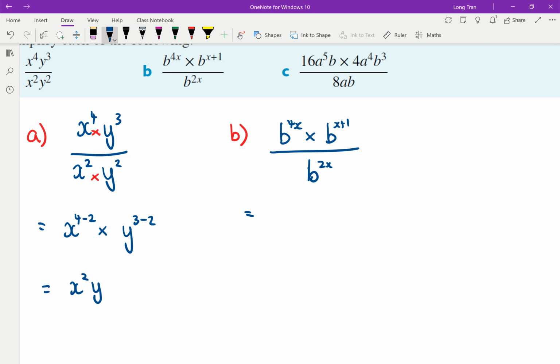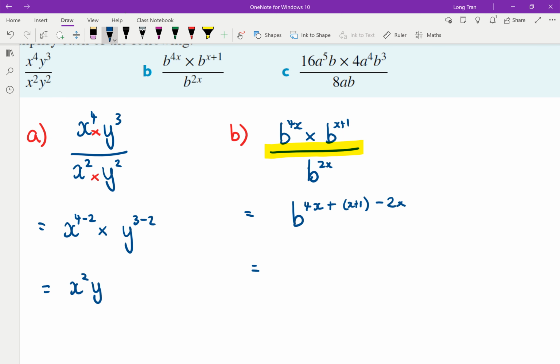When you multiply them, you add the powers, so it'll be b to the power of 4x plus, and what am I adding? I'm adding the x plus 1. Notice I'm using the brackets to remind myself what I'm doing, because I'm doing it all in one go. And when you divide, so the symbol here means divide, then you subtract the powers, right? Because they all have the same base of b, so I'm going to subtract 2x.